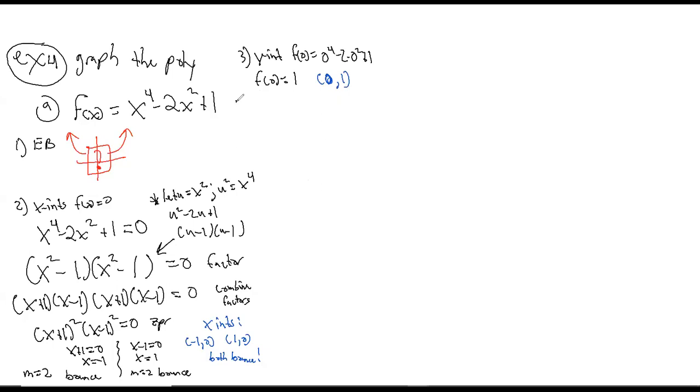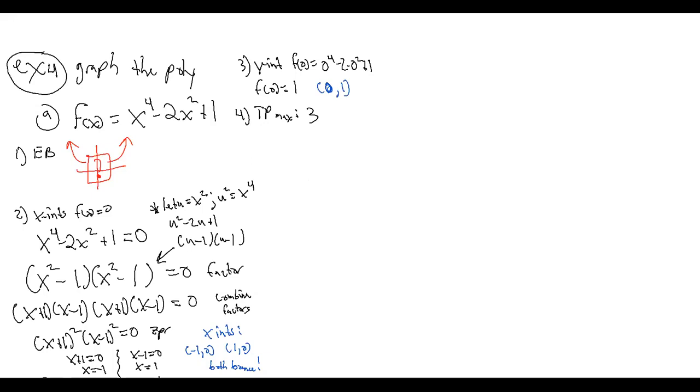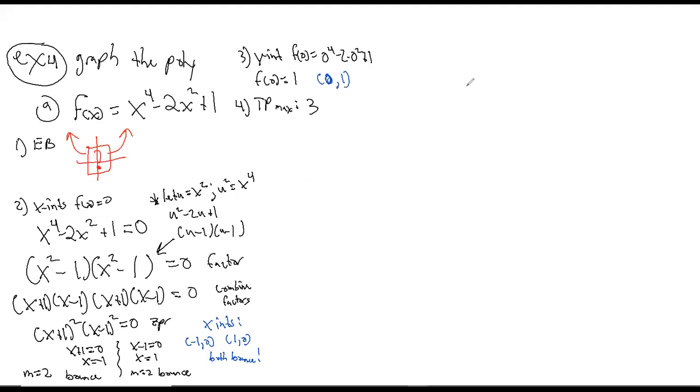Step 4, turning points, the maximum. Well, the degree is 4, which means it can only have 3 turning points. There can only be 3 peaks or valleys. So let's put all this together.